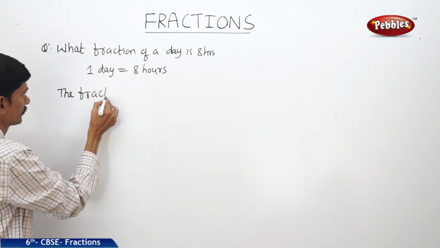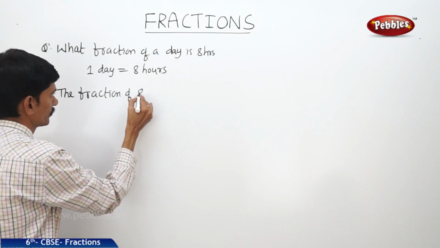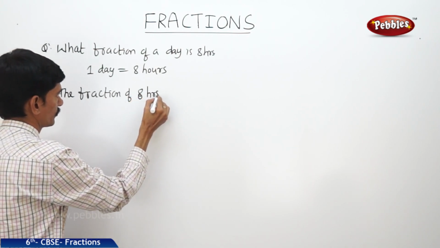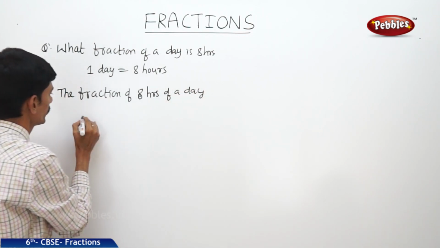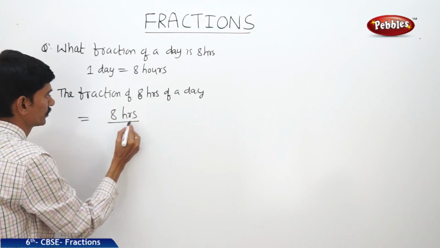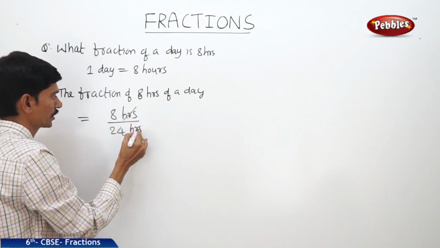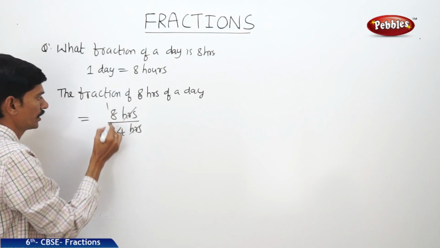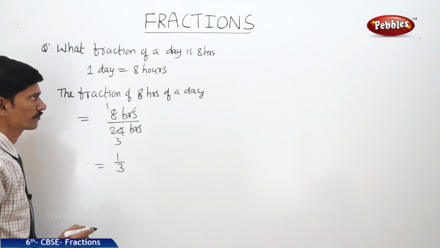The fraction of 8 hours of a day equals 8 hours by 24 hours. Here hours get cancelled, and 8 ones are 8, 8 threes are 24, so then we get 1 by 3.